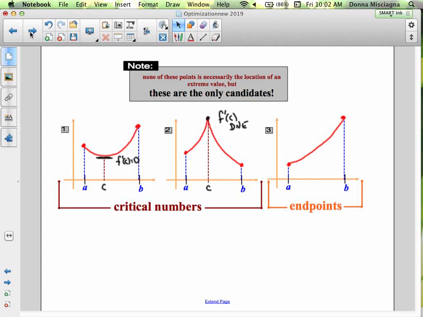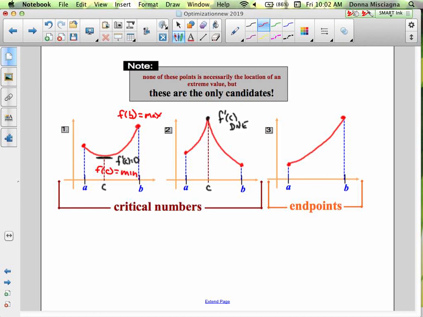So if we were looking at this particular diagram, here b would be the maximum. So if we wanted to maximize something, then it would be f of b. That's the max. But what if we wanted to minimize something? Well, then we want f of c, because f of c, that would be the min.